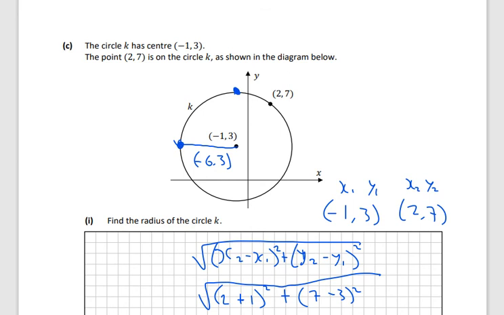That would be that point. And if you wanted to go across the other way 5, you add on 5, so it would be (4, 3). And so that's really what they're getting at by asking us that.